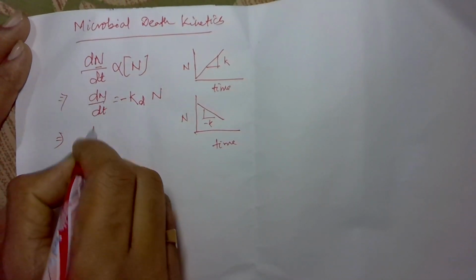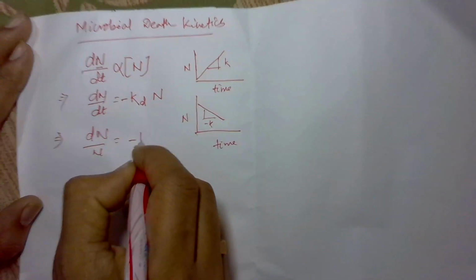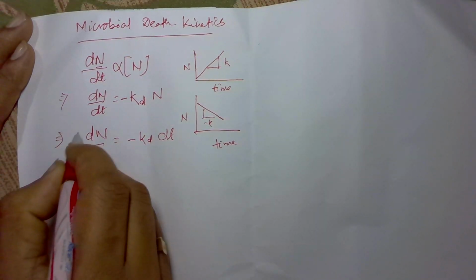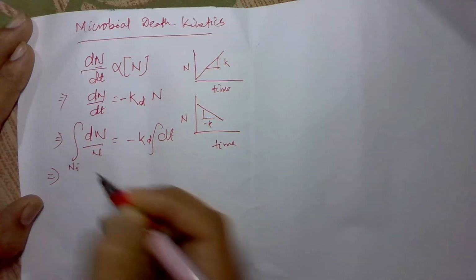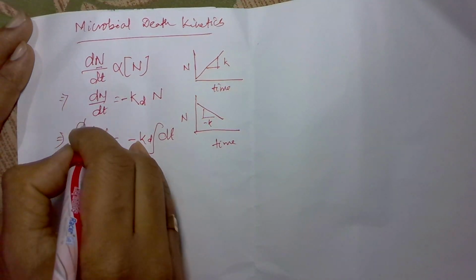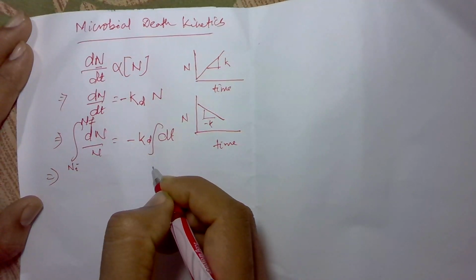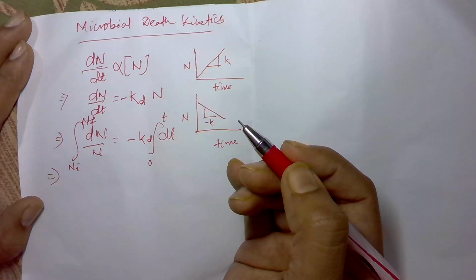So now we'll do the variable separation. We'll take this N to the left side and we'll take minus kd and dt to the right side. So if we integrate here, say Ni is the initial number of microorganisms and Nf is the final number of the microorganisms. Similarly, this is 0 time to t time.